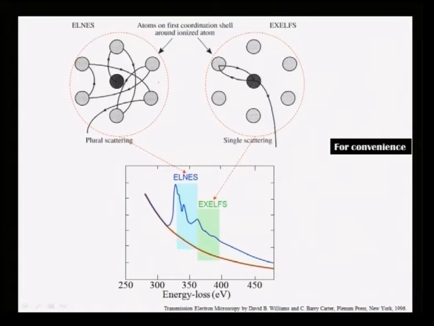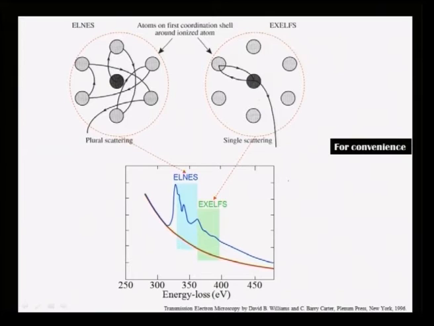In ELNES, the electron can get scattered from the black atom, then get scattered from all the 6 atoms and then come out. That will carry the information regarding all the surrounding atoms. On the other hand, in extended electron energy loss fine structures, you have only single scattering. So once the electron is scattered from the black atom, it goes to one of these surrounding atoms and then comes back.